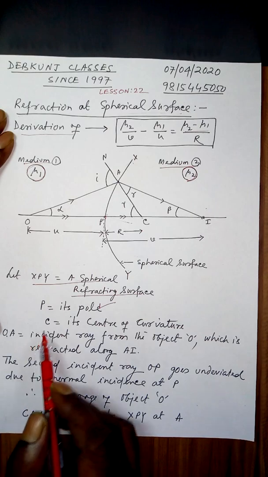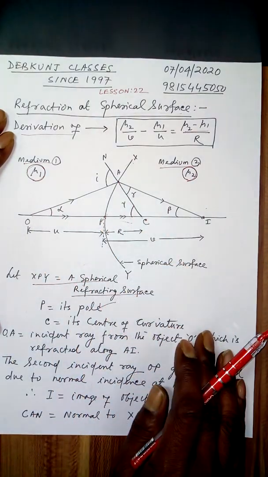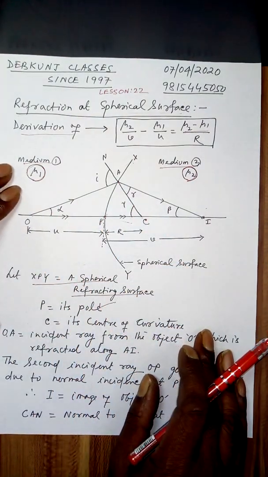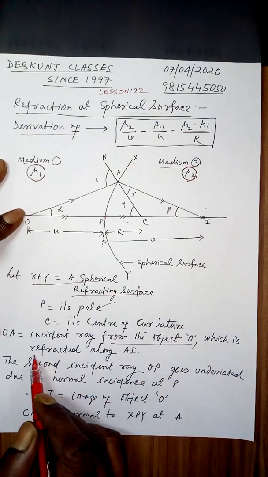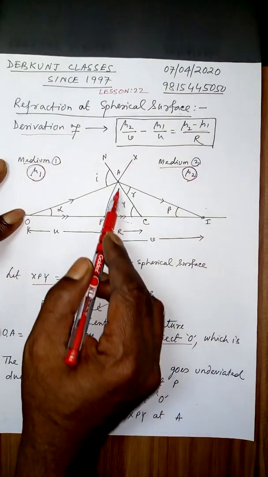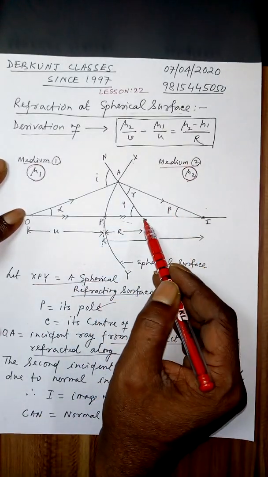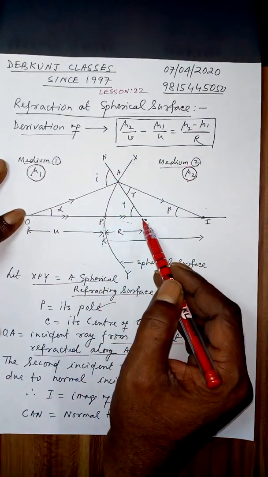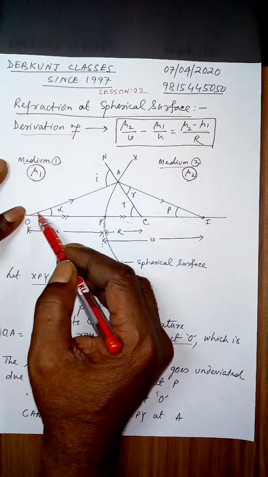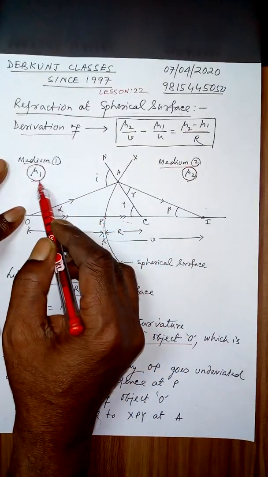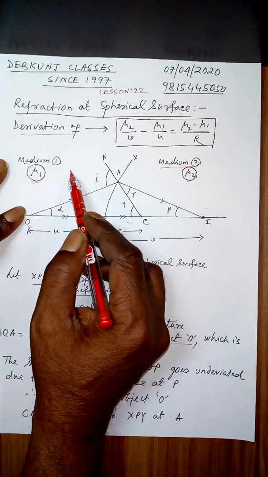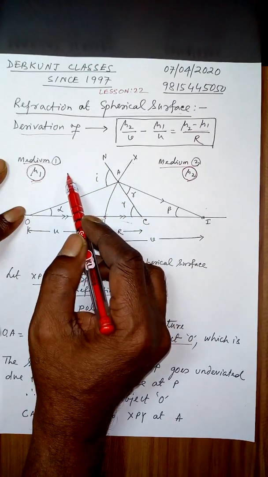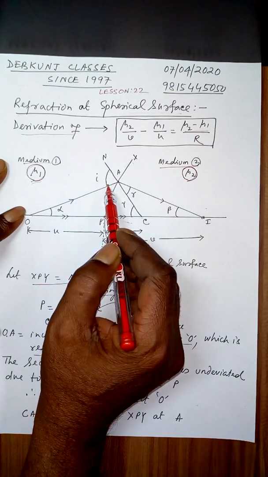OA is an incident ray from the object O, which is refracted along AI, because CAN is the normal. This is the incident ray on this medium. So the angle between the normal on this medium and the ray on this side is the angle of incidence.